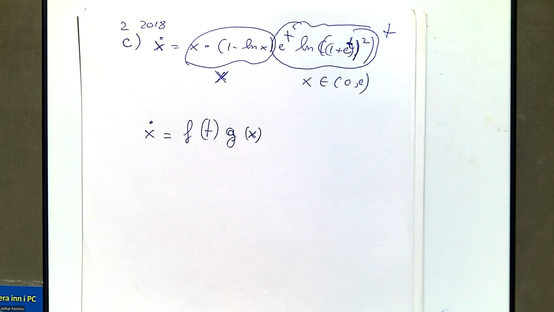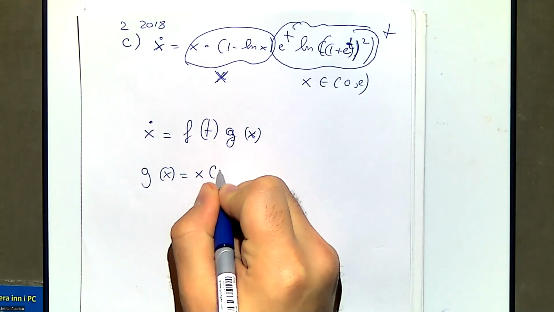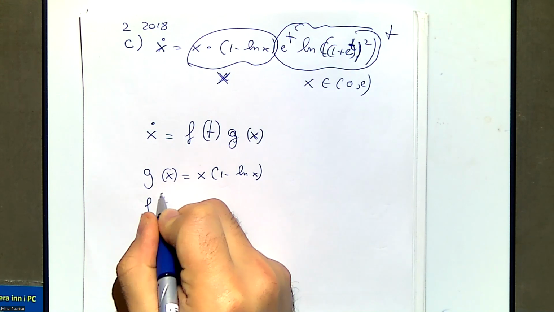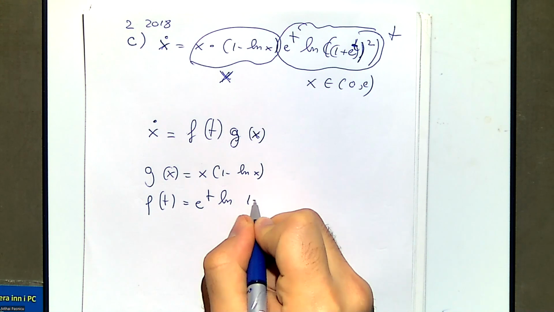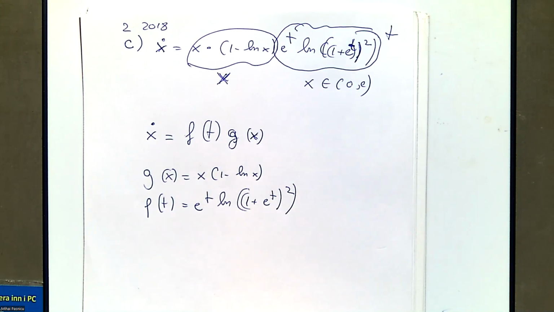So g of x is equal to x times (1 minus ln of x). f of t is equal to e to the t times ln of (1 plus e to the t, squared), some very ugly stuff. Everyone on board with the identification? Basically everything that has t on one side, everything that has x on the other side.